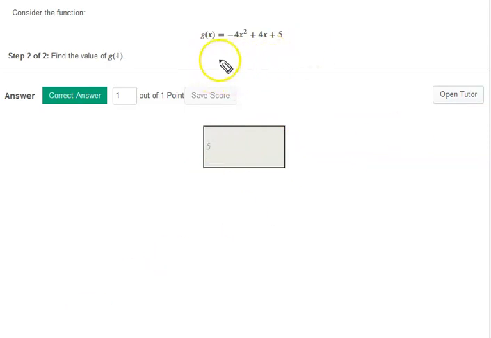Now, for this one of the steps you might eliminate is, instead of writing it, you can just copy it and then do the substitution. So negative 4, parenthesis, but now we're going to substitute a 1 here that we're going to square, and then a plus 4. Again, our x is 1. Put that in parentheses, plus 5.